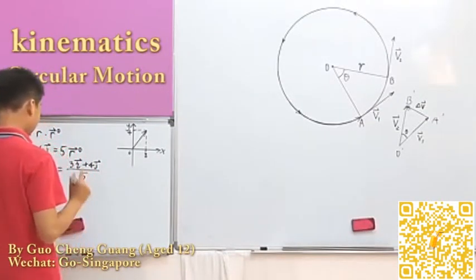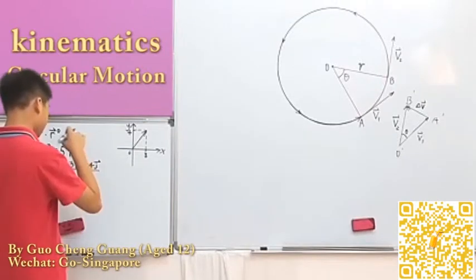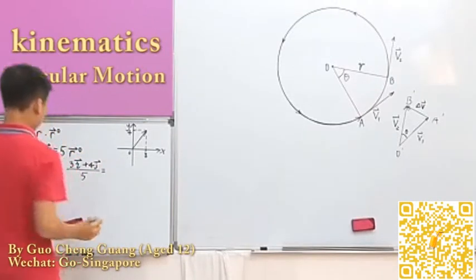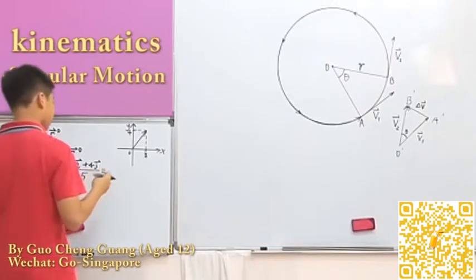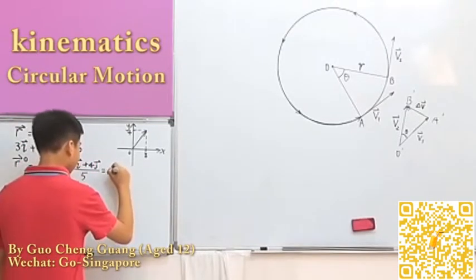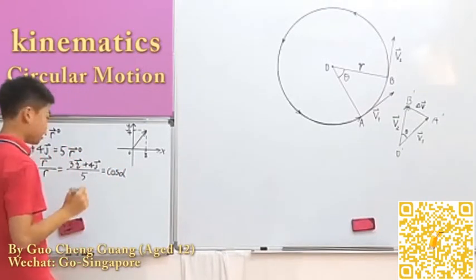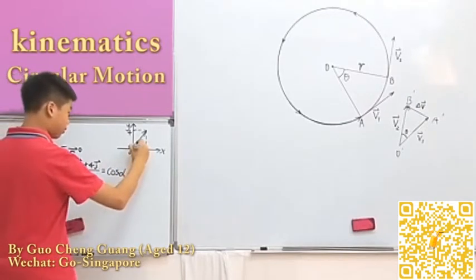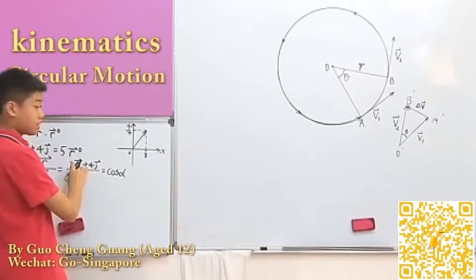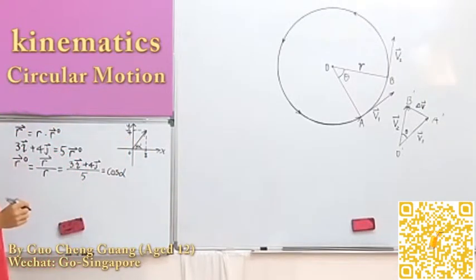Well, let me tell you that the way of representing that I'm going to show you, we're going to use cosines to represent it. So in this part, there is a cosine alpha. This is with the x-axis, so this part will be for our alpha.